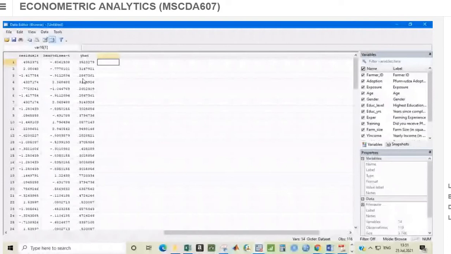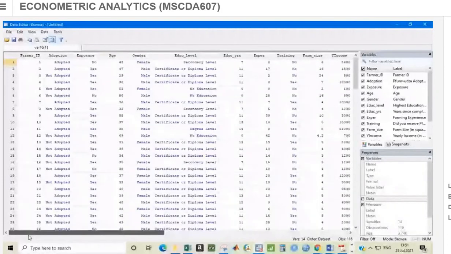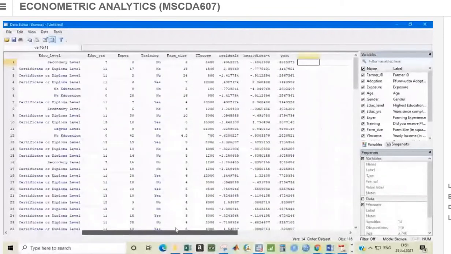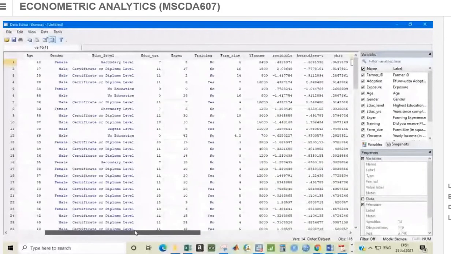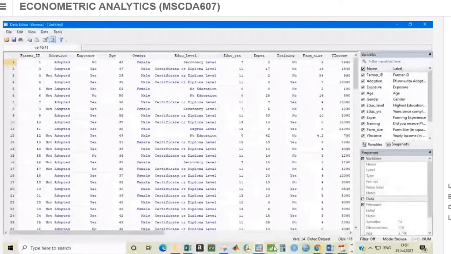And it goes on like that. The fourth one has adopted and has a probability of 0.9. So here the model has predicted quite well. I think I've done justice on that one.